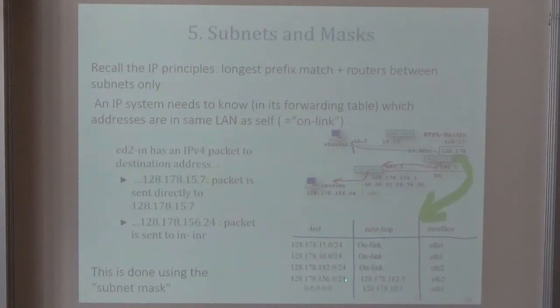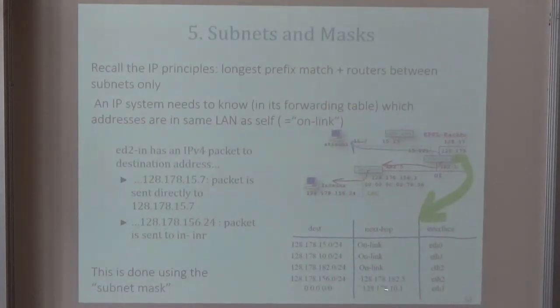Here, this entry means anything that goes to the subnet 156, so this one, has to go to this next hop, 182.5, which is this machine. So we are here at this machine. It knows that this green subnet is reachable via this IP address here.